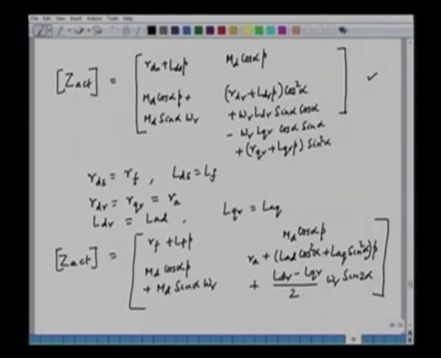So this is the equation of the Z actual. It means the actual impedance matrix of this machine has been found out by using the linear transformation.